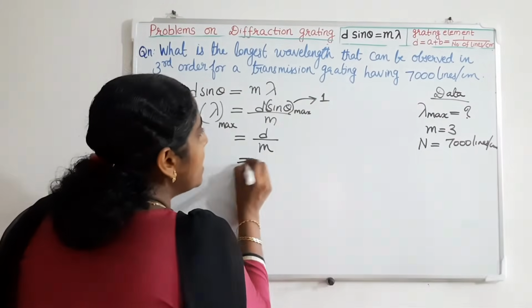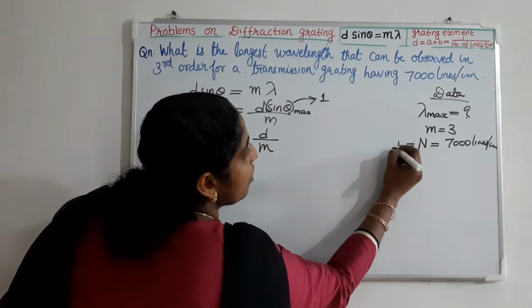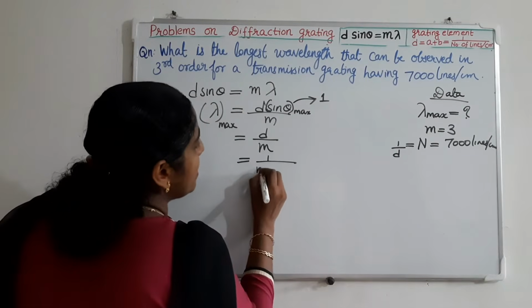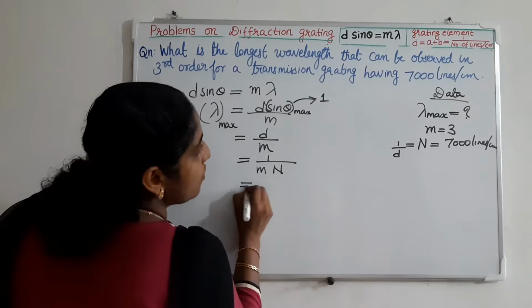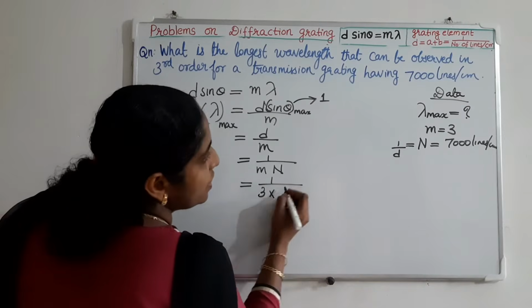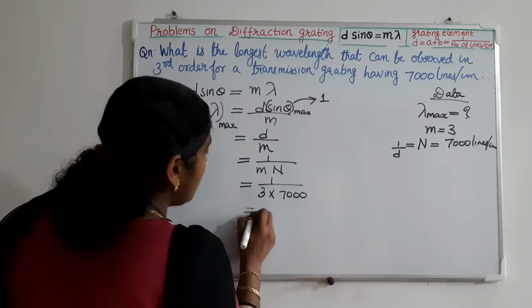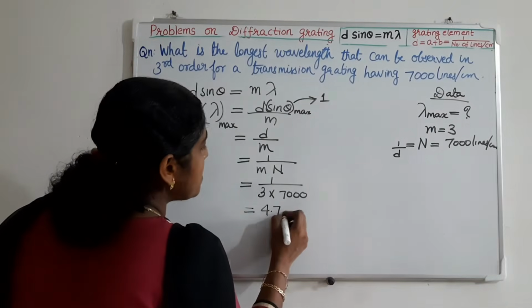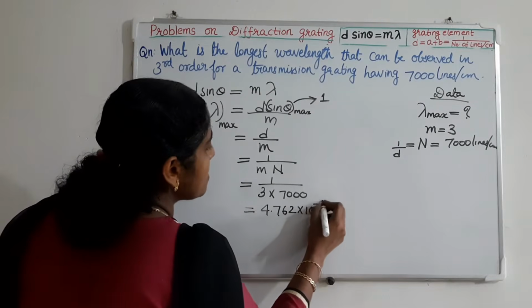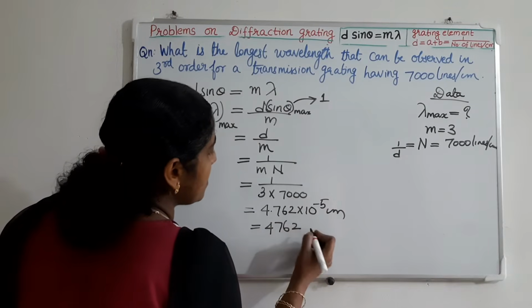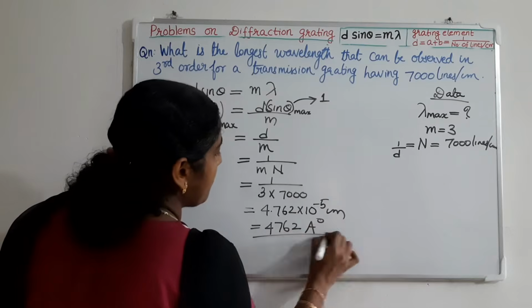What is d? d is the reciprocal of the number of lines. So that is 1 by m into n, 1 by 3 into 7000 lines per centimeter. That is equal to 4.762 into 10 raised to minus 5 centimeter, or 4762 Armstrong.